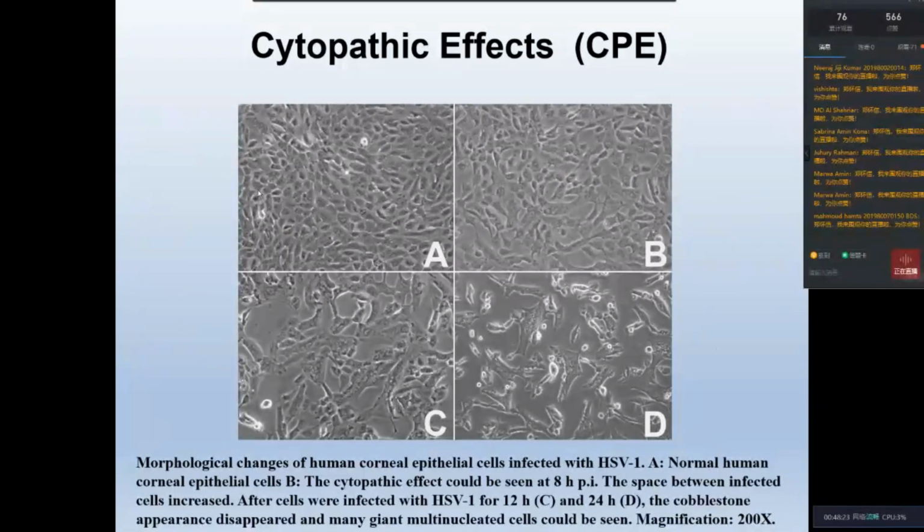But once the cell is infected by some virus, this time these cells are infected by HSV1, unhappy, and their morphology changed. They are detaching from the surface and they are dying. So this is a cytopathic effect.